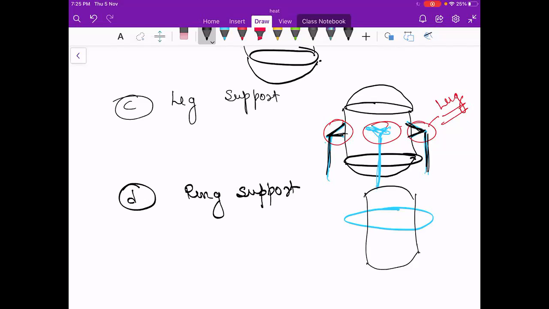And you will have some hook there. Okay, so draw this diagram and write this.